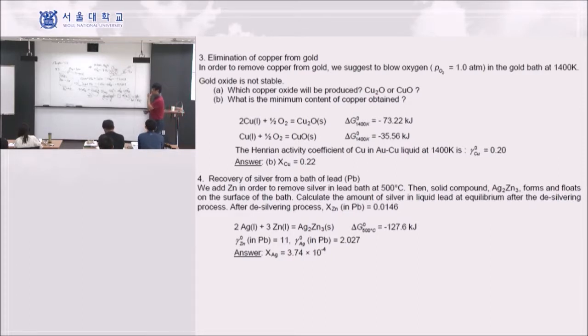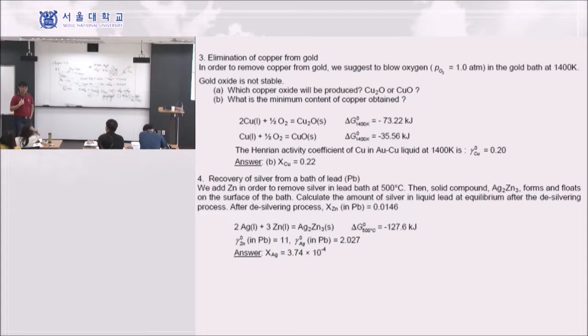But increasing the pressure has a certain limit. We typically want to produce gold with a purity of 99.9999, something like this, and then the gold price will increase drastically.